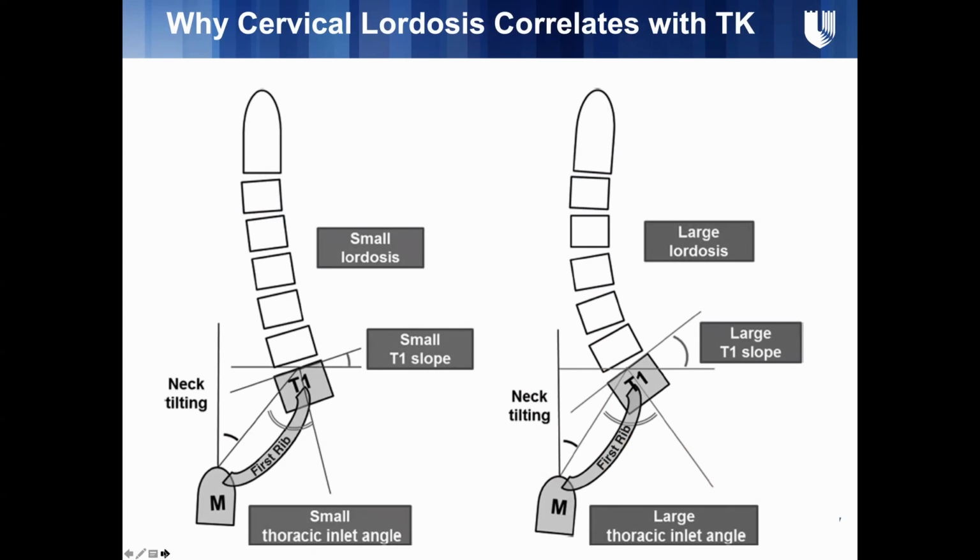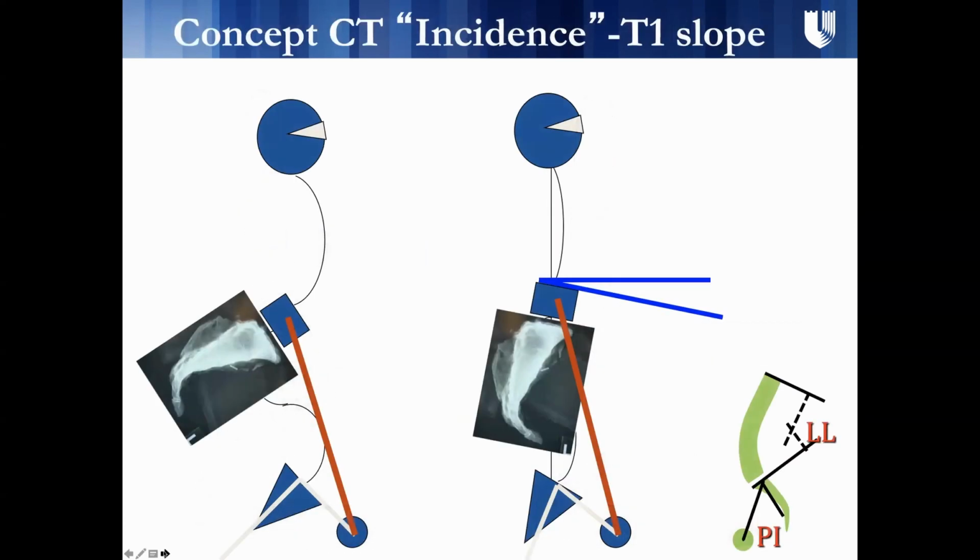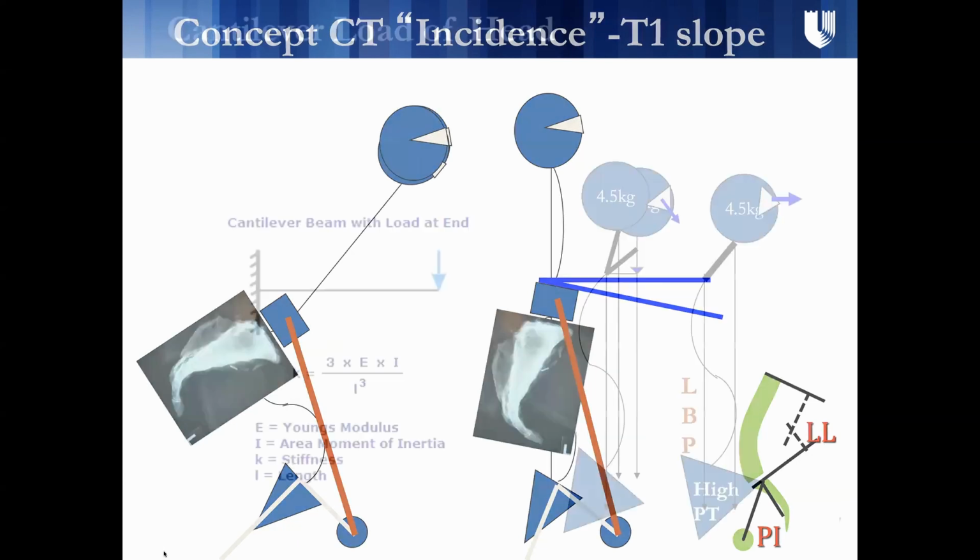And those who have a small T1 slope usually have a small amount of cervical lordosis, and those with a big T1 slope need a substantial greater amount of cervical lordosis to be present, as you can see. And if this does not occur, the gravity line shifts anteriorly, and the posterior cervical musculature needs to do more work and more likely to have significant symptoms.